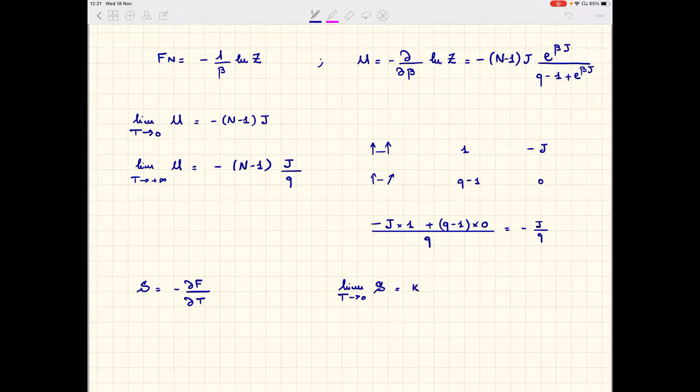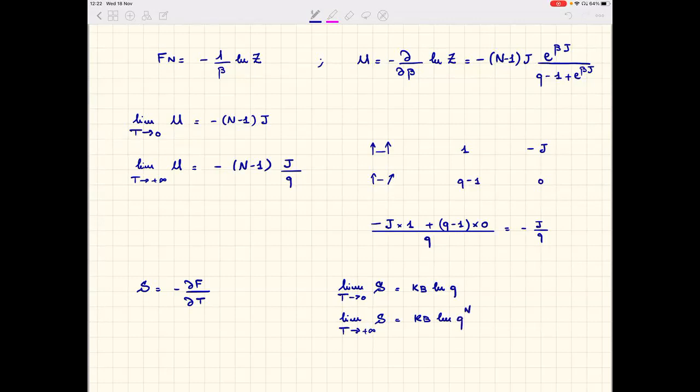Boltzmann constant K times logarithm of Q, because I have Q degenerate ground states. Well, the limit for t going to infinity of S should be equal to K_B log of Q to the power of n minus 1. No, actually Q to the power n, right?